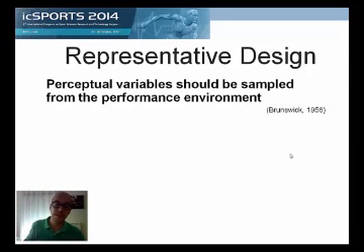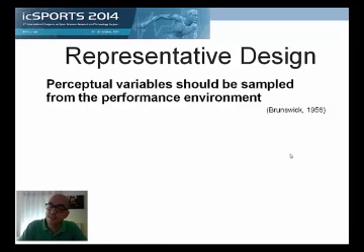The idea of representative design is based on the assumption that practice or laboratory tasks need to maintain the perceptual variables that convey the information that players use to control their actions in specific sport performance contexts.